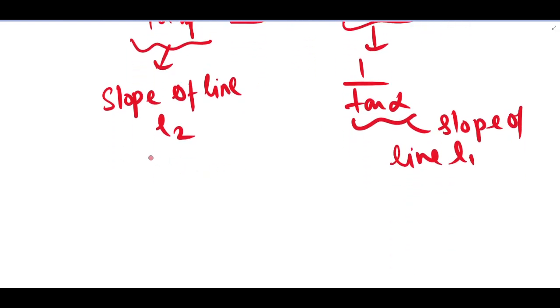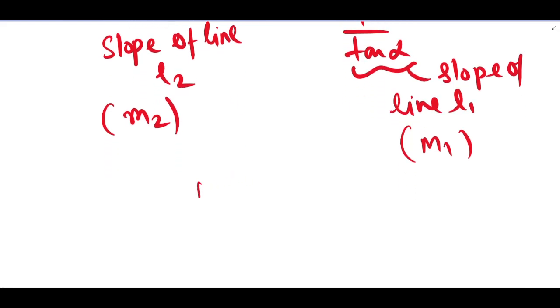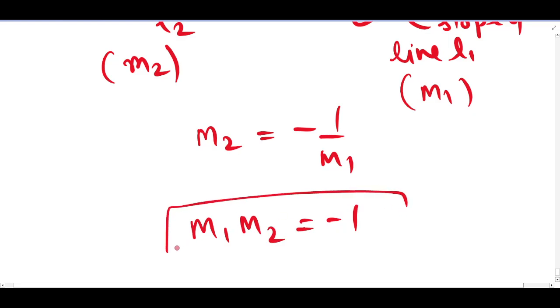So with slope of line L2 as M2 and slope of line L1 as M1, M2 is equal to minus 1 by M1, or M1 M2 equals minus 1. This is the relation when two lines are perpendicular.